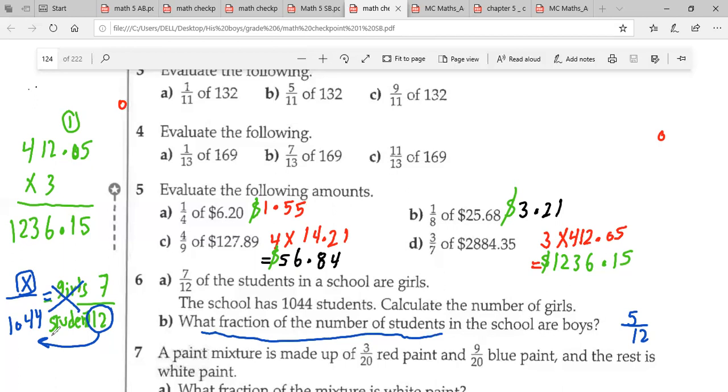We can say 7 over 12 equals x over 1044. Mr., why did you say I multiply 7? Yes, I multiply 7 by 1044 divided by 12, because the 12 is opposite to x.